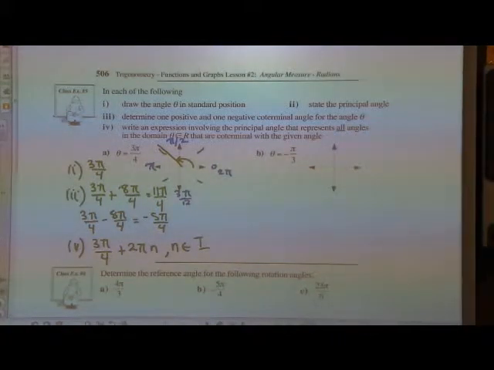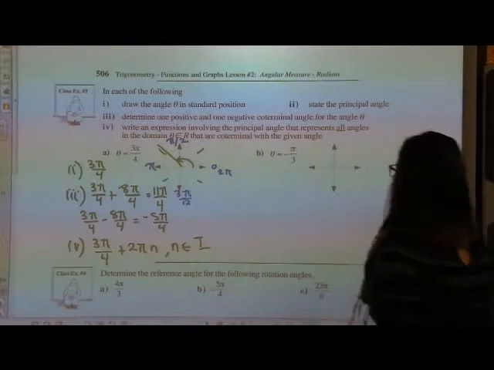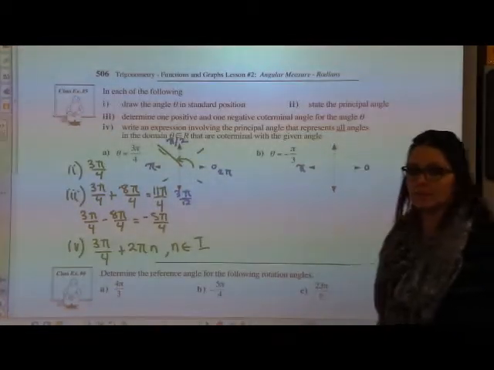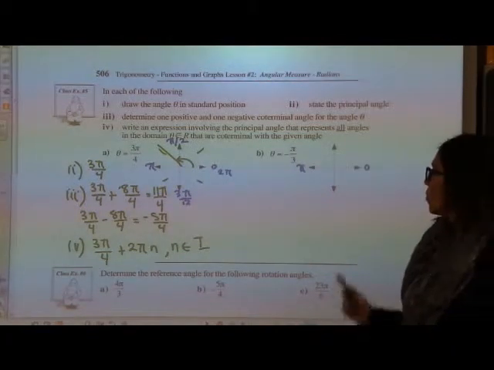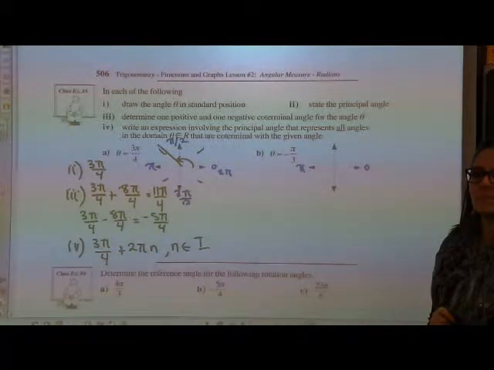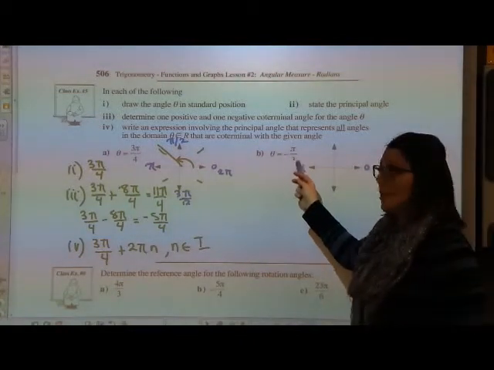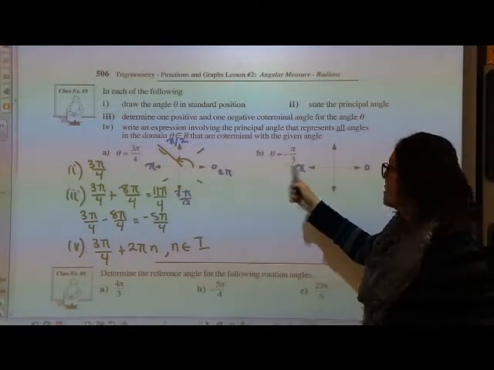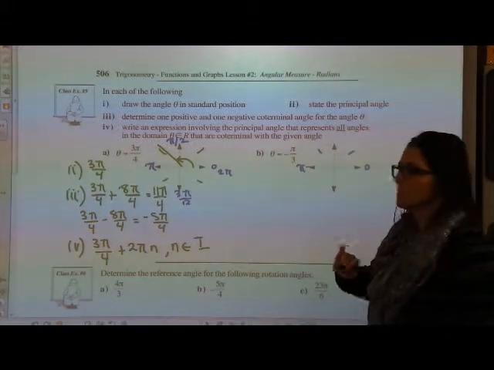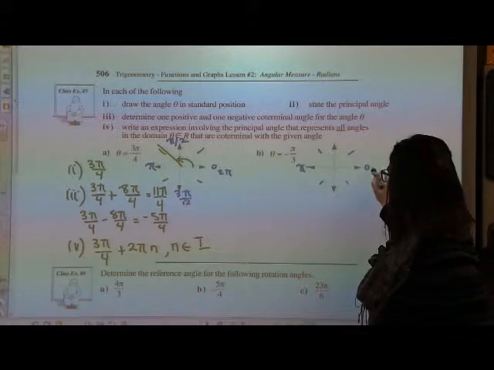Okay, so let's look at B. Again, we think of this as going from 0 to 1 whole pi. What do I split that up into? Into thirds. I look at the denominator and split it into that. So 1, 2, 3, 4, 5, 6.